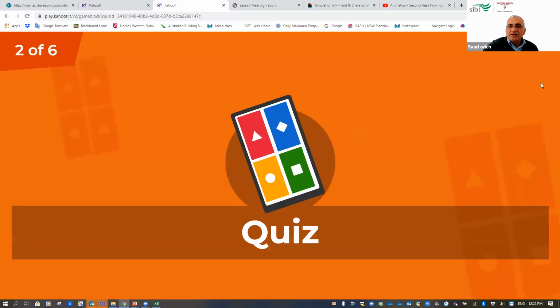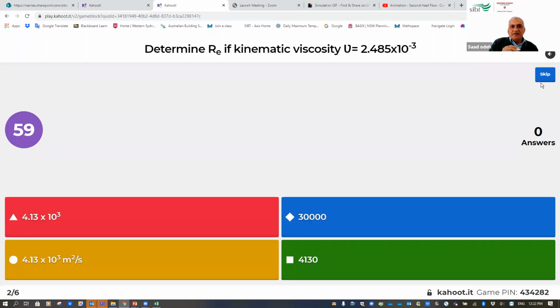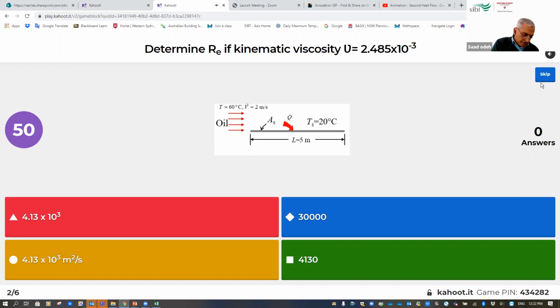Determine Reynolds number. If you know the kinematic viscosity, the value is given, you need to find the Reynolds number.